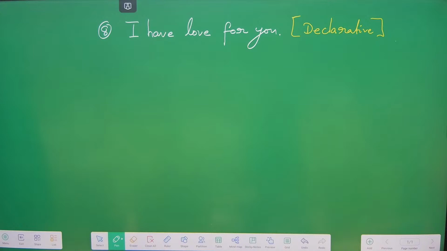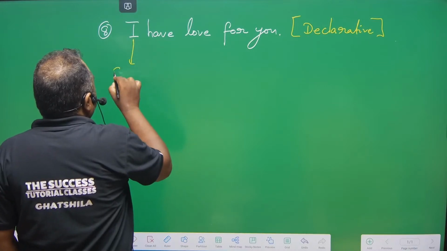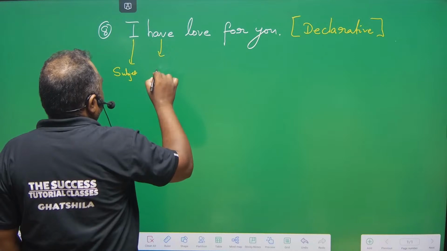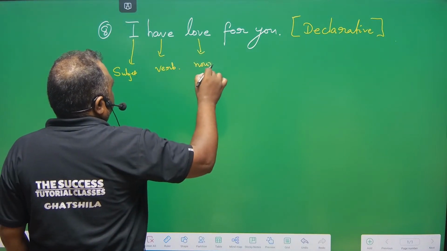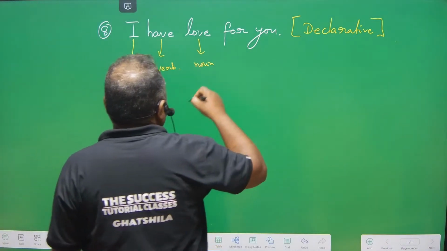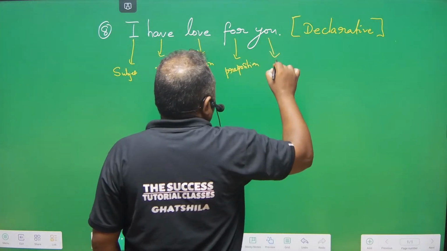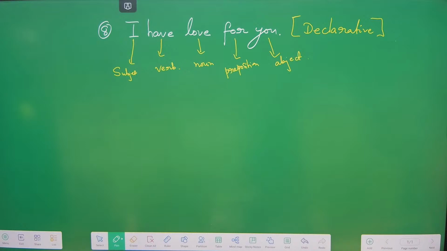So here, I is the subject, have is the verb, love is a noun. Which type of noun is it? Love is an abstract noun. For is a preposition. And you is the object. I have love for you.